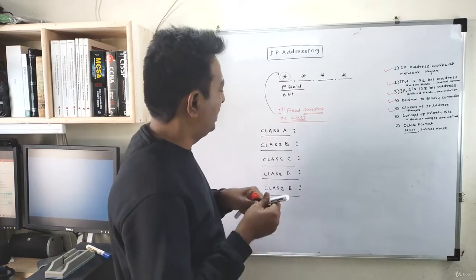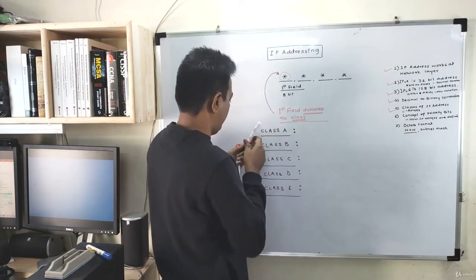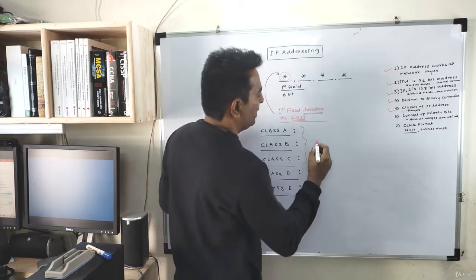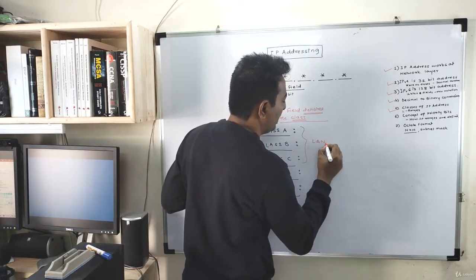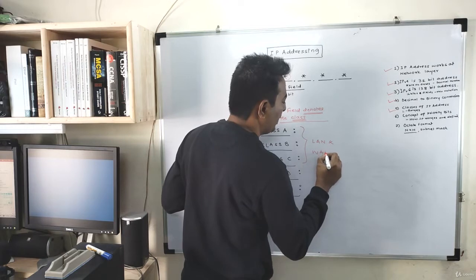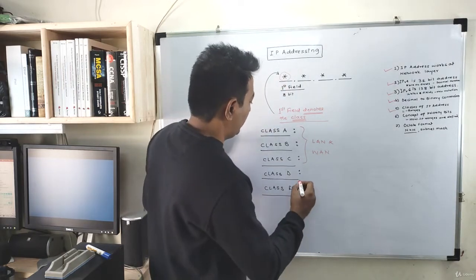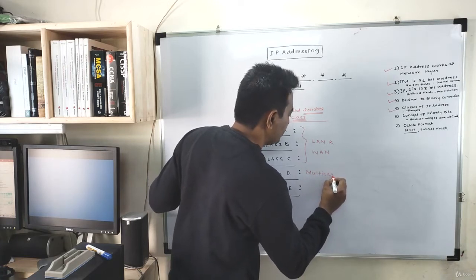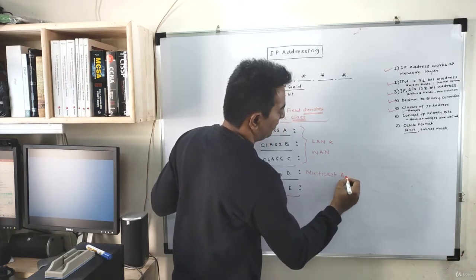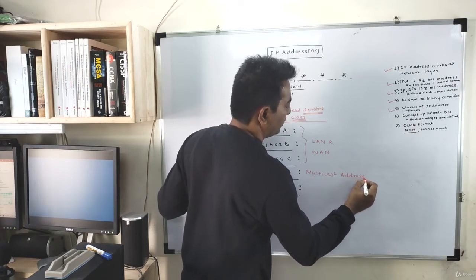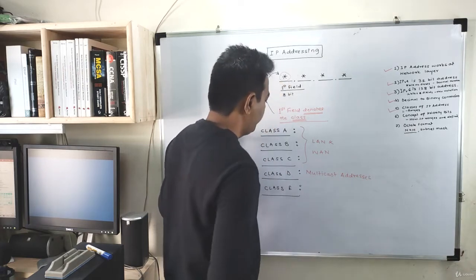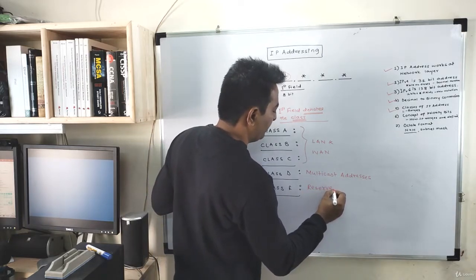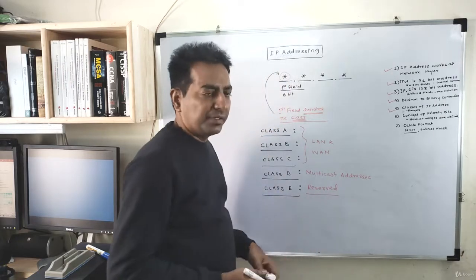But just for your understanding, make a note that classes A, B and C are used in LAN and WAN networks. Class D are multicast addresses, or addresses used for multicasting. And class E addresses are reserved.